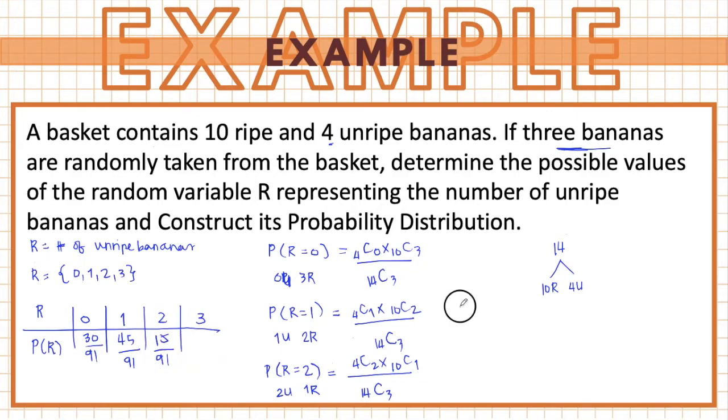Last, probability that R is equal to 3. So, ang number of all possible outcomes, again, is 14, choose 3.